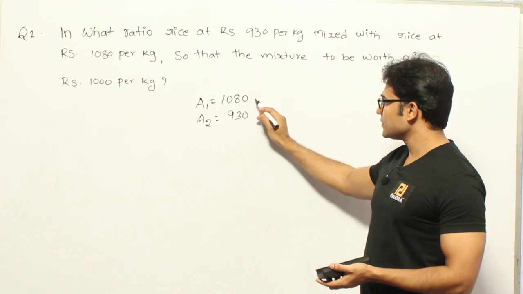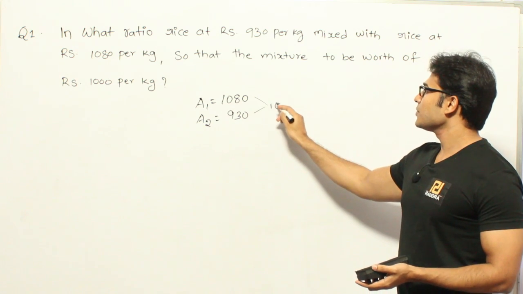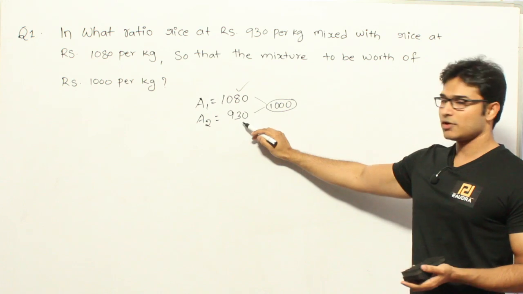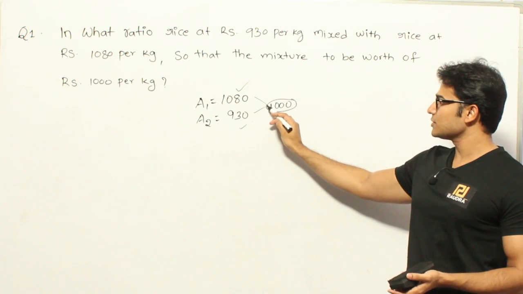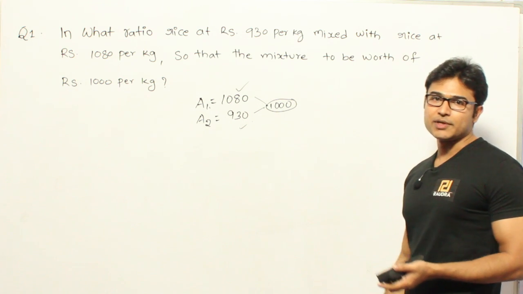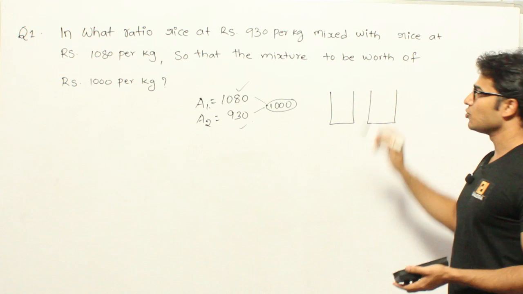Now we are going to mix these two in such a way that the final average is going to be 1000 rupees, right? We are not going to sell it at this high price, or at this low price. We want to sell it at this price. Then how much of this rice are you going to mix? In order to think about it, you can say there are two bags.